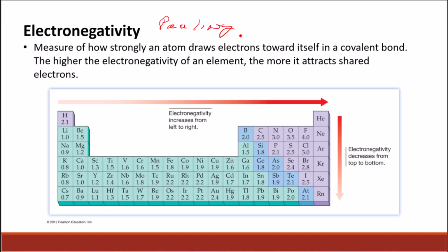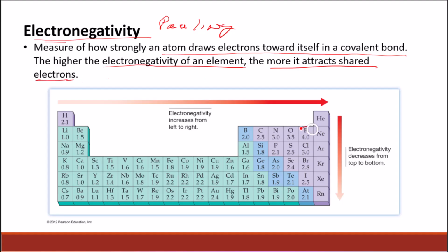A very interesting guy, but at any rate, he combined the effective nuclear charge, ionization energy, and electron affinity, and came up with this scale for electronegativity. You might think of it as merely a measure of how strongly an atom draws electrons toward itself in a covalent bond. The higher the electronegativity of an element, the more likely it attracts shared electrons.